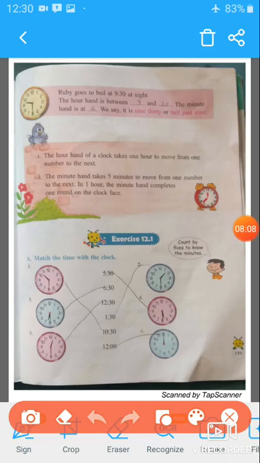So students, now we are going to do exercise 12.1. Match the time with the clock. So students, here in the first clock, what's the time? The hour hand is between 10 and 11 and the minute hand is at 6.